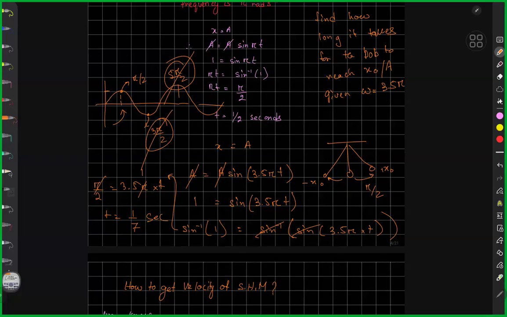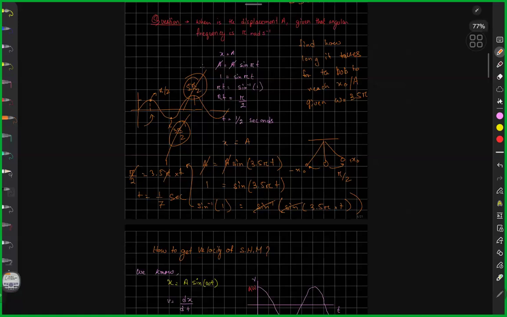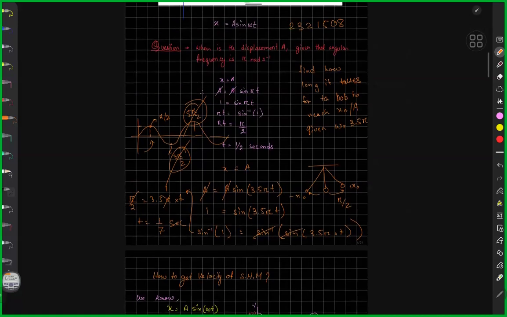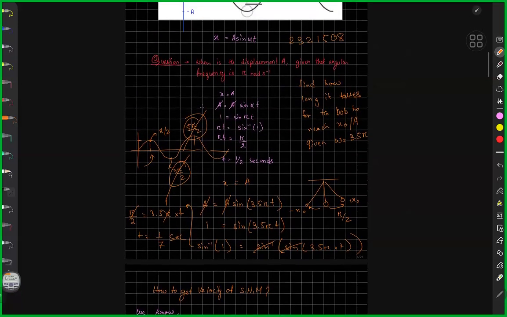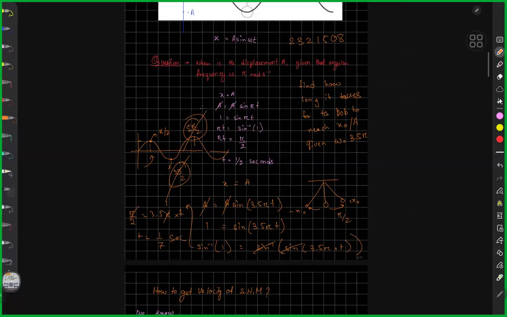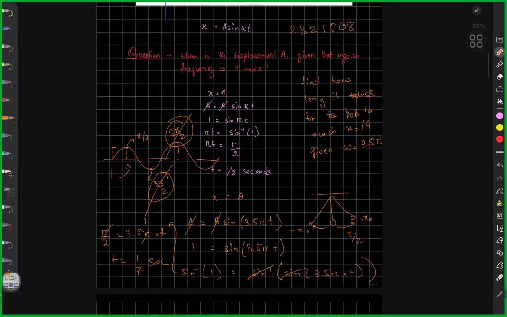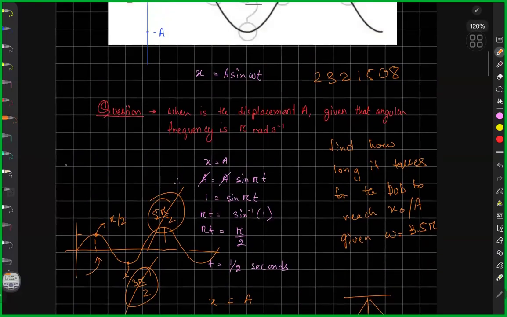Perfect. Do we have any questions for this one? Sure. Here, couldn't we just have done omega equals change in theta divided by change in time? And you don't know the change in time. Yeah, we're trying to find that. So I could just use that formula. Tell me what you're writing.